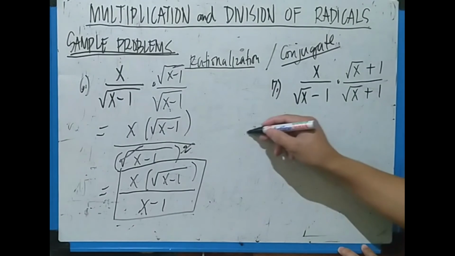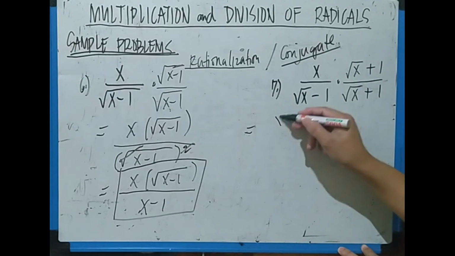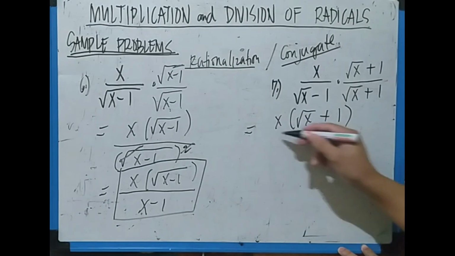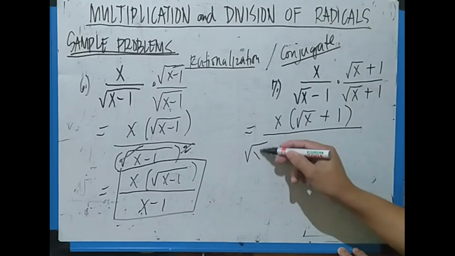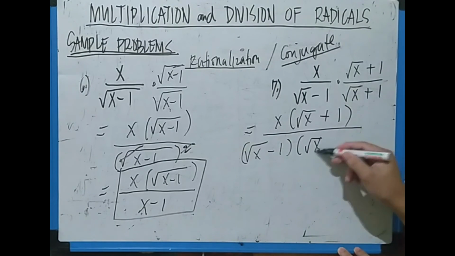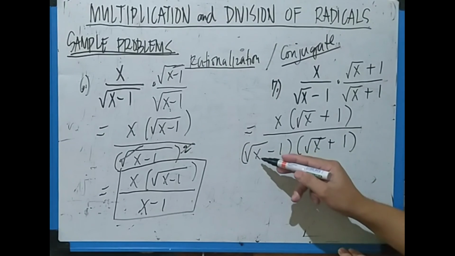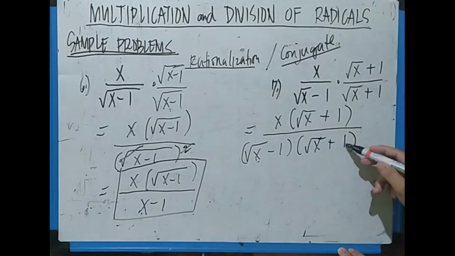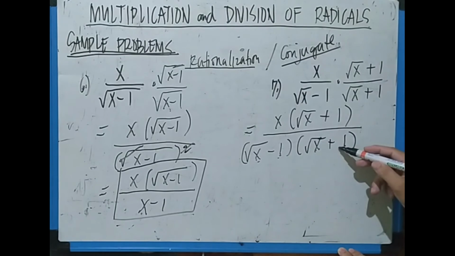So pag nag-multiply tayo, x times the square root of x plus 1, magiging x times the square root of x plus 1. And sa baba po, pag nag-multiply tayo nito, you can use the FOIL method. Square root of x minus 1 times square root of x plus 1. By using the FOIL method, guys: the square root of x times the square root of x, the square root of x times 1, negative 1 times the square root of x, then negative 1 times plus 1.